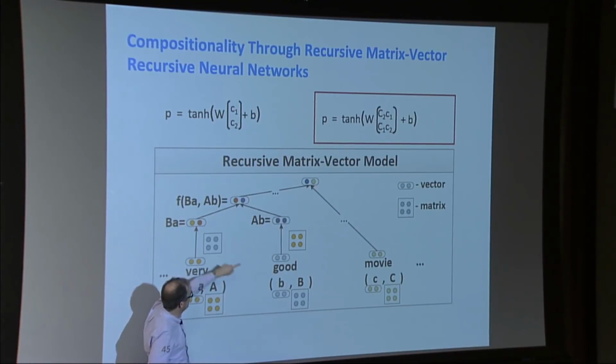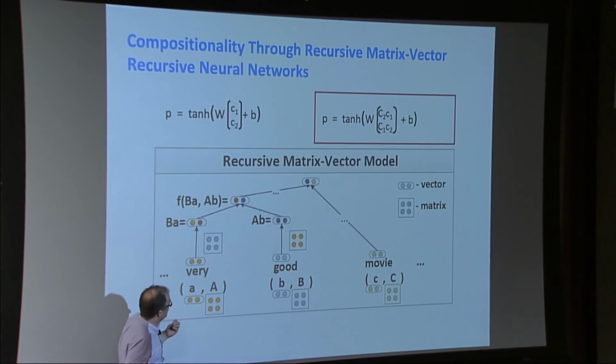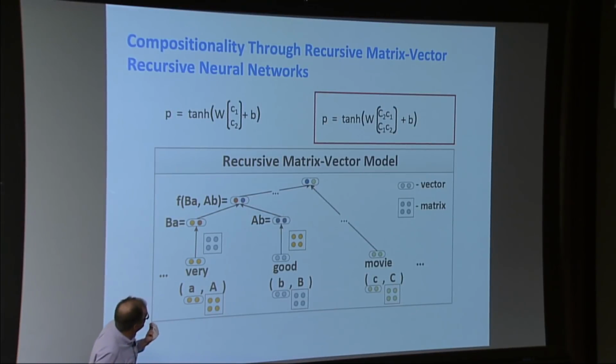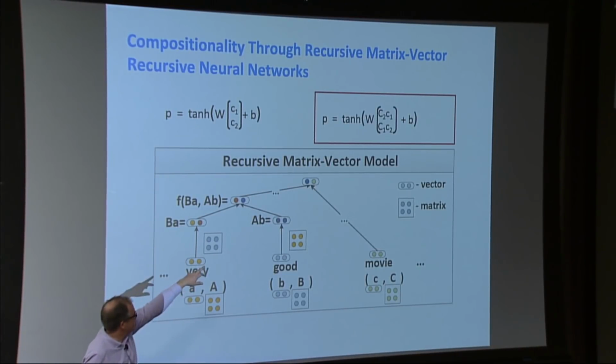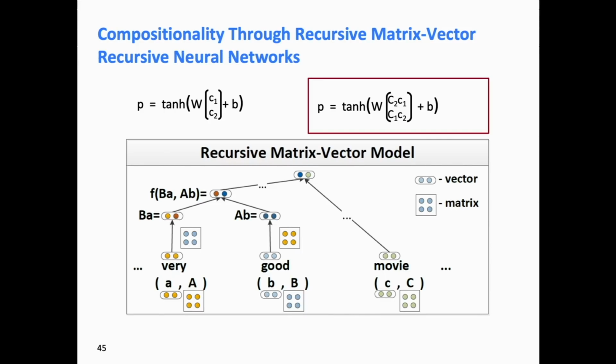We take the matrix meaning of good and multiply it by the vector meaning of very, and we take the matrix meaning of very and multiply it by the vector meaning of good, so we have both of those things. Then we have a neural network layer like before that combines those together, the red box. Those two things are concatenated and put through the kind of neural network layer we had before to give us a final vector meaning for the phrase.